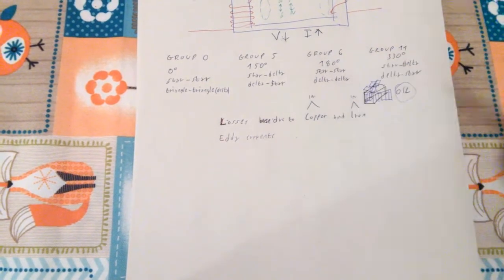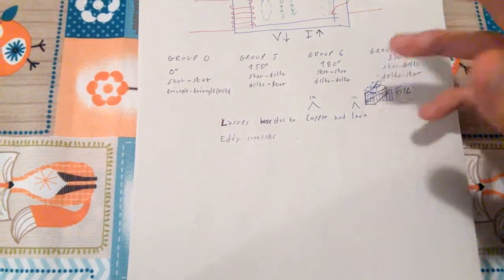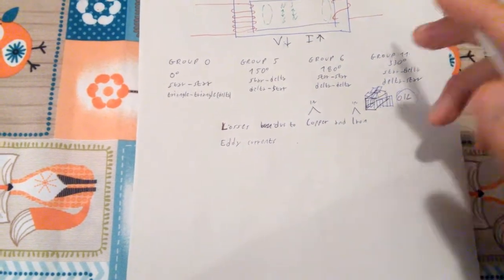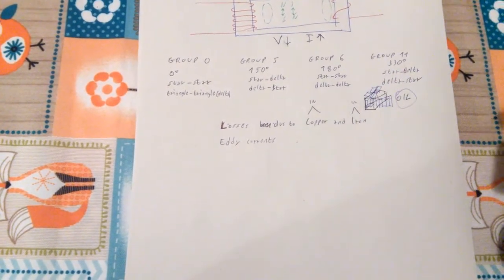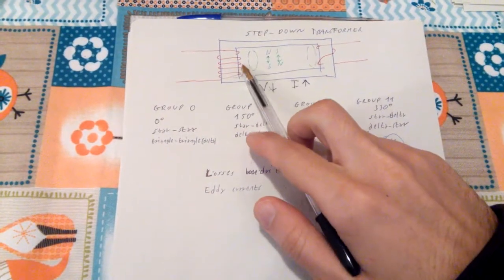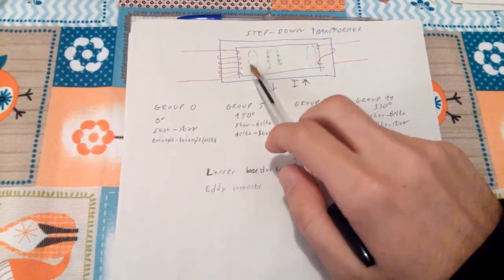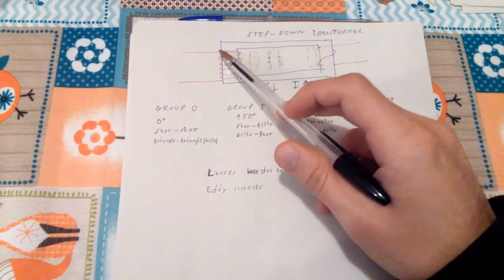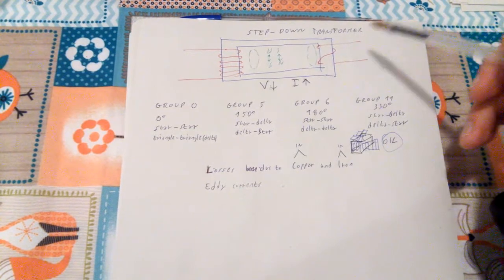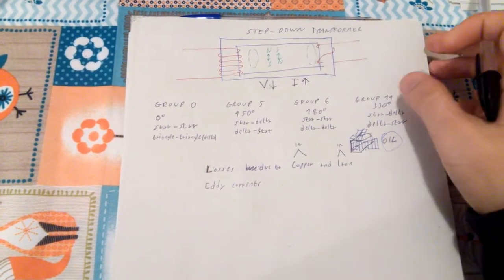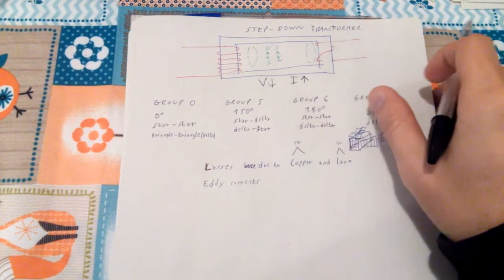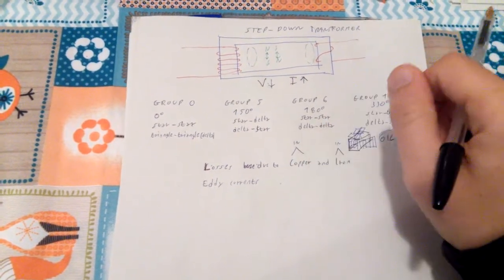What are eddy currents and other kinds of currents? Well, we just said that the current flowing through a wire is going to generate a magnetic field, and this magnetic field is going to make the charges move and induce a current in the other wire.